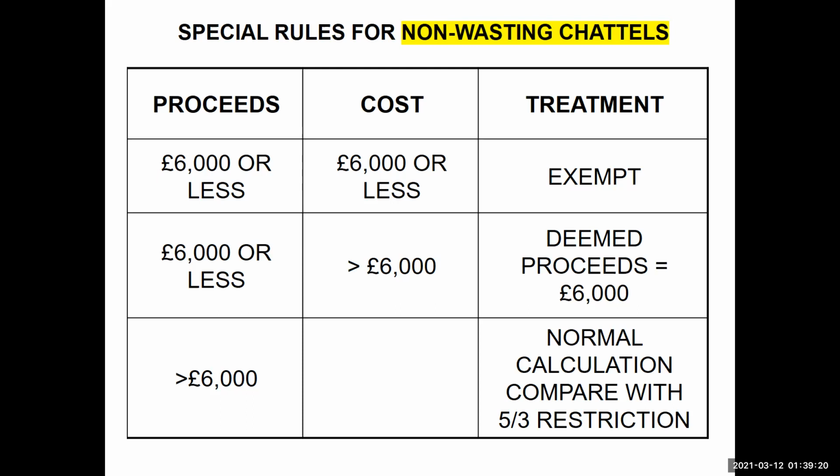But if the proceeds are 6,000 or less, and the cost is more than 6,000, we will typically make a loss, but we deem the proceeds to be 6,000. Now, what if the proceeds exceed 6,000, regardless of the cost? Then we undertake a normal calculation and compare it with the 5/3 restriction. We'll look at examples and understand this better.